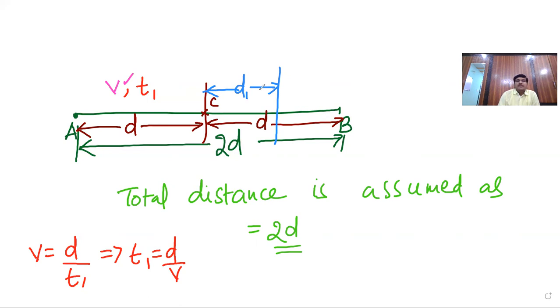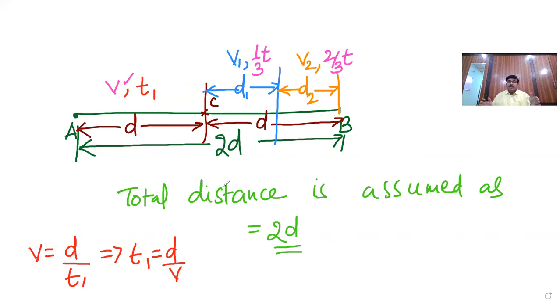Some portion D1 is covered with a speed of V1, but time is clearly mentioned. 1/3 of T. Let us say I am assuming the total time is T. So 1/3 of the T. Again, remaining distance D2. We don't know how much this is. It is covered with a speed of v2. Again, the time is 2/3 of the total.